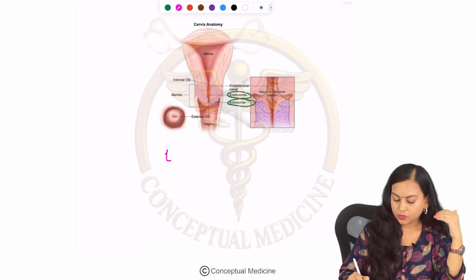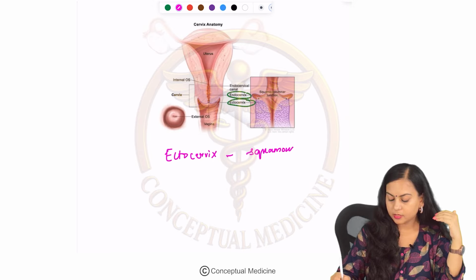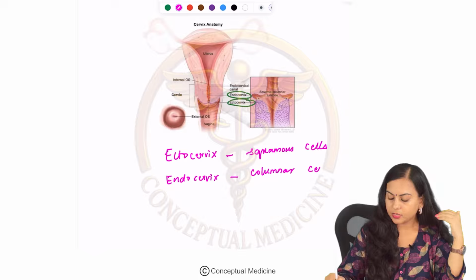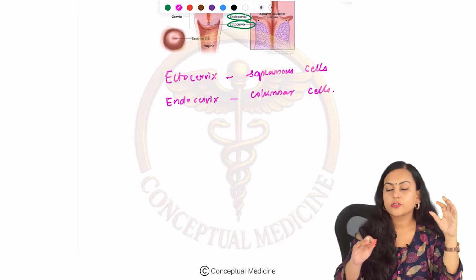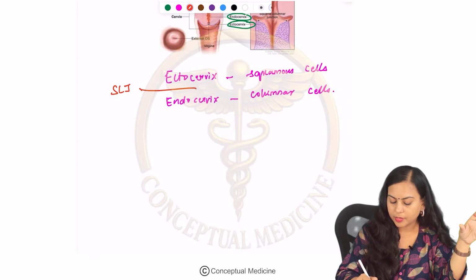Remember, the ectocervix is lined by squamous cells, and the endocervix is lined by columnar cells. The junction between these two layers is called the squamocolumnar junction.